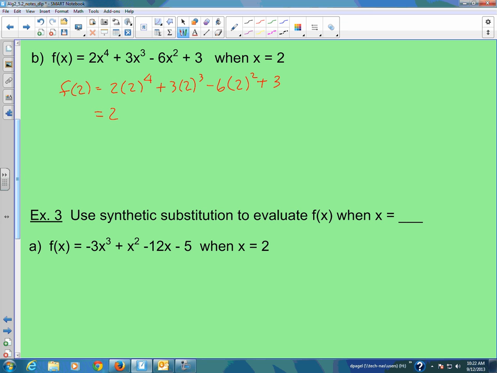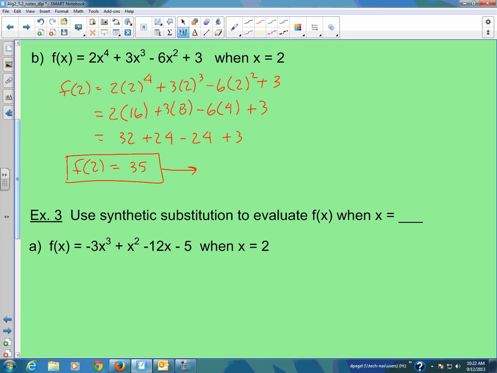So here we have 2 times 16 plus 3 times 8 minus 6 times 4 plus 3, 32 plus 24 minus 24 plus 3, so f of 2 here is equal to 35. Once again, coordinate (2, 35).